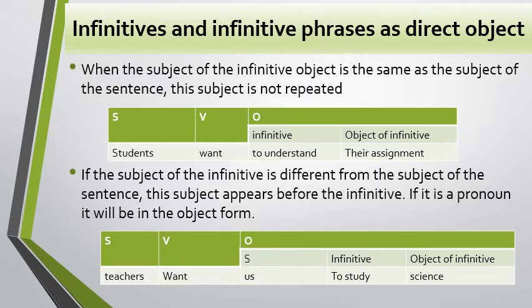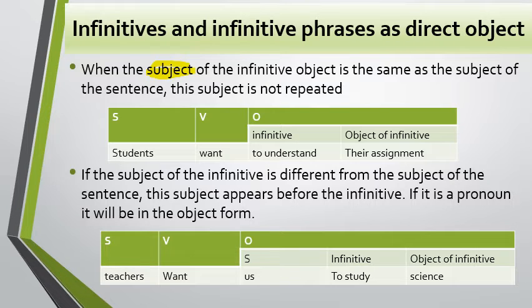Fine. Sometimes the infinitive or the infinitive phrase comes in the direct object position. When the subject of the infinitive is the same as the subject of the sentence, this subject will not be repeated. What does it mean? Again, as we said, the infinitive phrase has a subject.